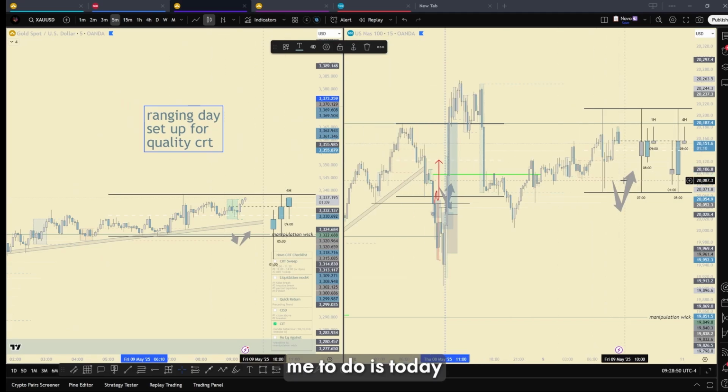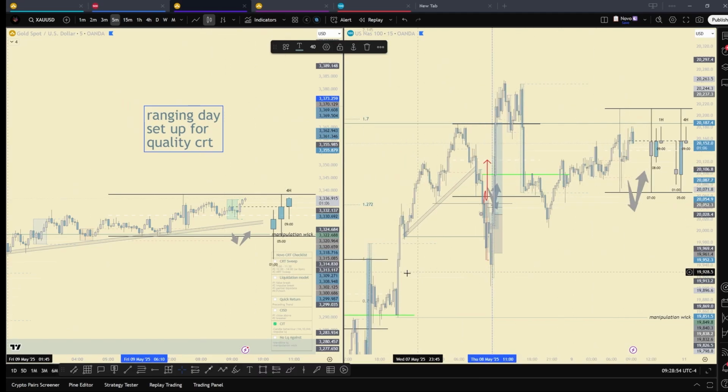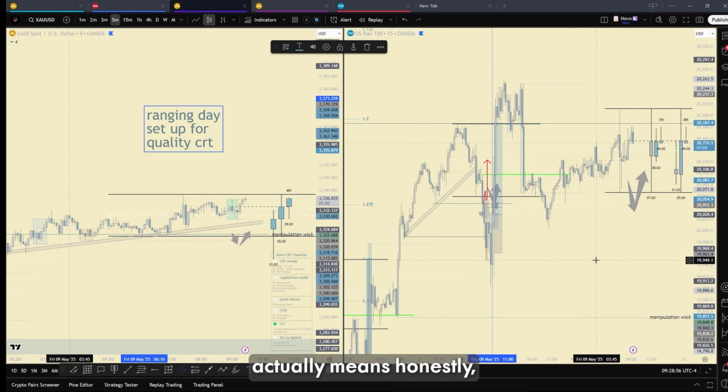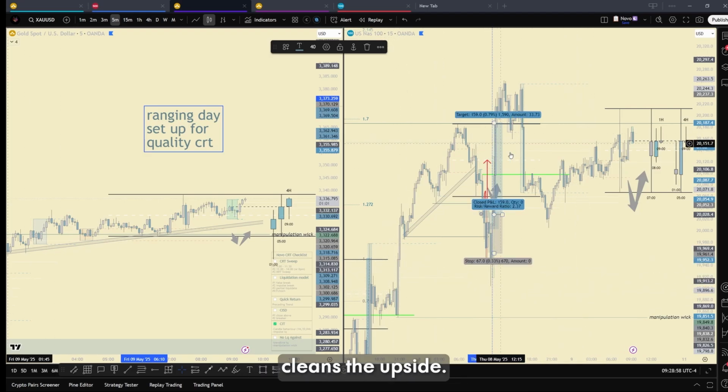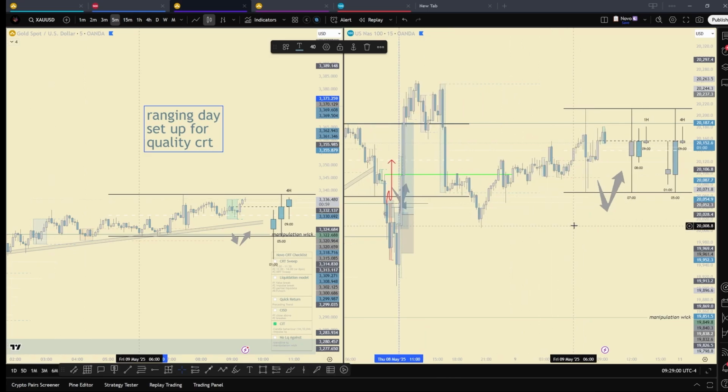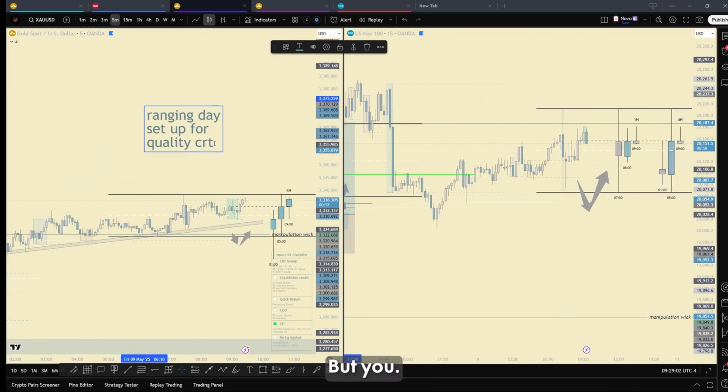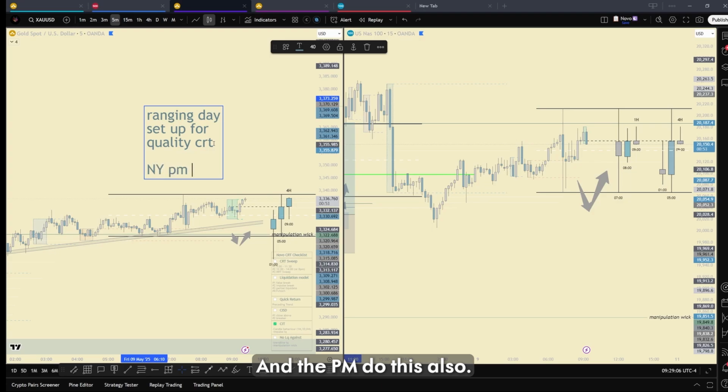Is there a need for me to do this today? I would say no, because I wouldn't regard these as manipulation moves, honestly. It's just clean movements to the upside. But let's see, 9 p.m. reversals also.